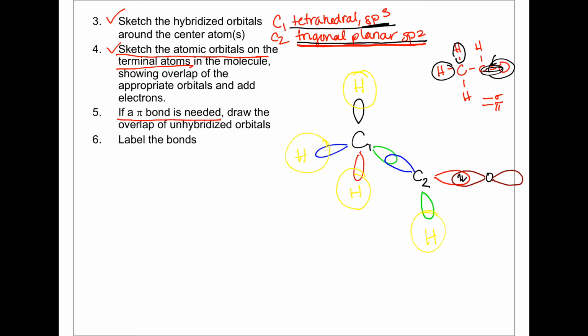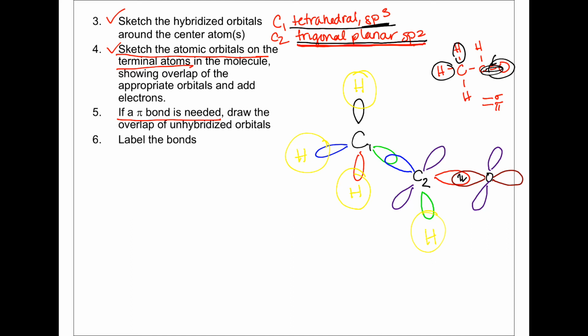I'm going to do it in purple because that's a color I haven't used yet. All right, an unhybridized p orbital looks like this, and there's no really great way of drawing these things so that they overlap the best. It's going to get messy no matter how I do it.